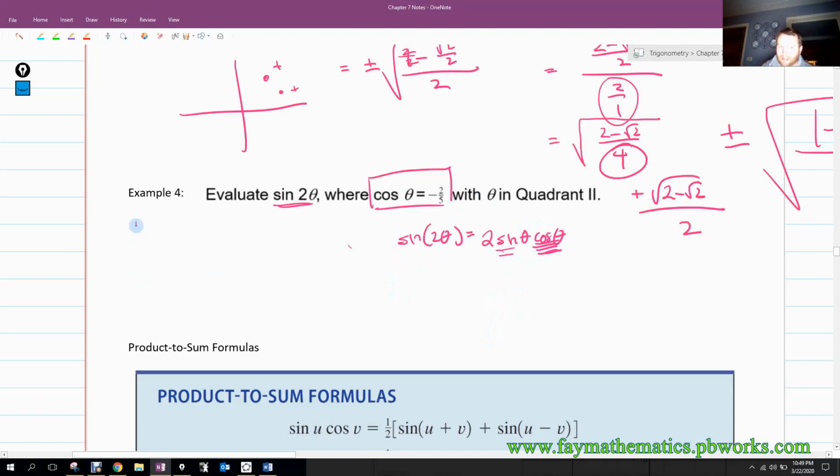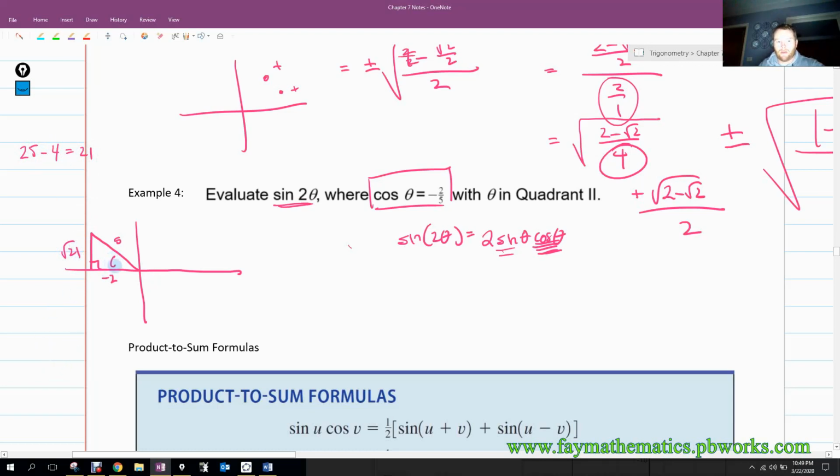But if I draw a picture, the cosine of theta, with theta in quadrant 2, looks like this. Negative 2, that's 5. Okay, so how do I find this vertical distance here? I use the Pythagorean theorem. So I'll say 25 minus 4 gives me 21. So this is root 21.